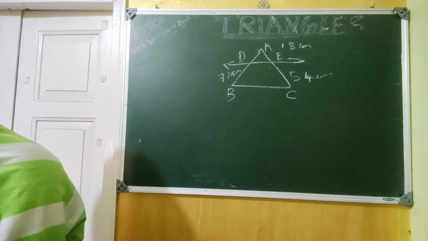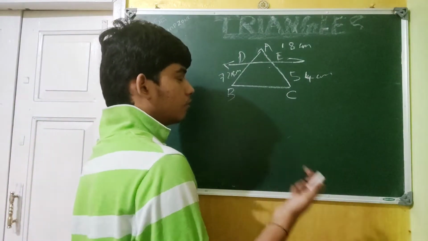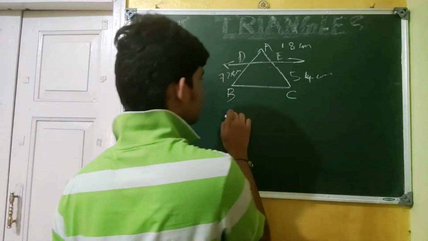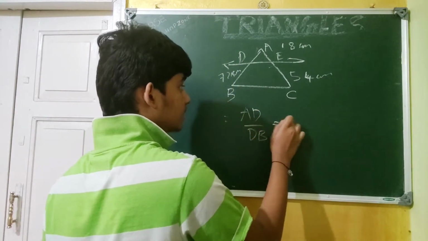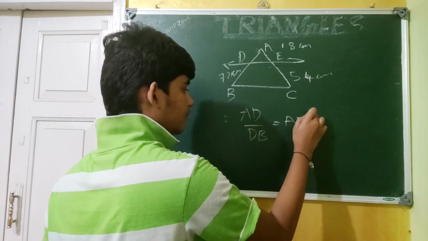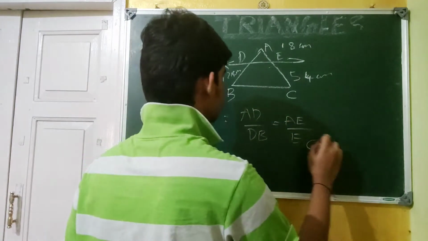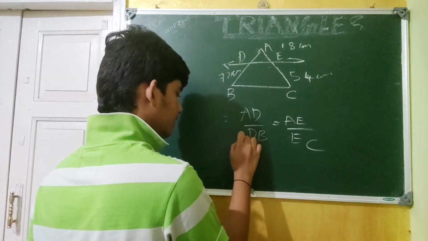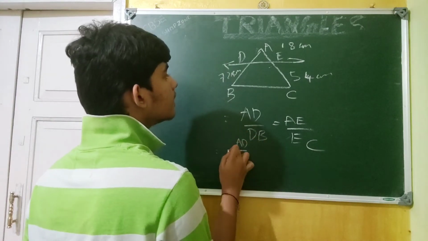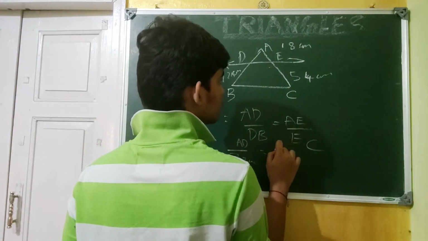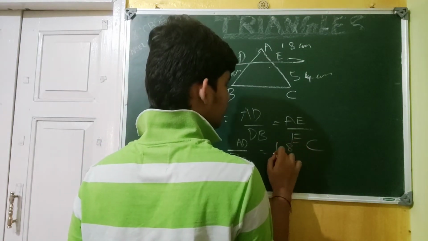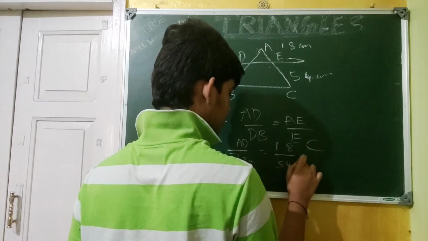Again, by using the same theorem, we can solve this. AD by DB is equals to AE by EC, which means that AD by 7.2 centimeters is equals to AE, which is 1.8 by 5.4 centimeters.